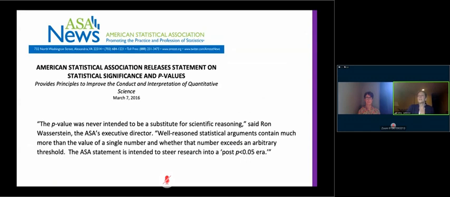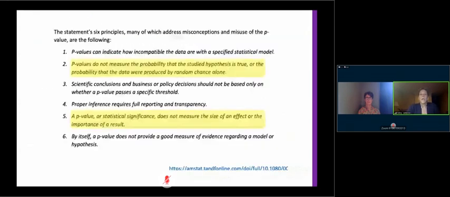And so the ASA statement is putting out statements to move people away from using this p-value of 0.05 or the confidence intervals to determine whether something has an effect or not. Some of the key statements were, p-values do not measure the probability that the studied hypothesis is true or the probability that the data were produced by random chance alone. And in particular, in number 5, the p-value or the statistical significance does not measure the size of an effect or the importance of the result.